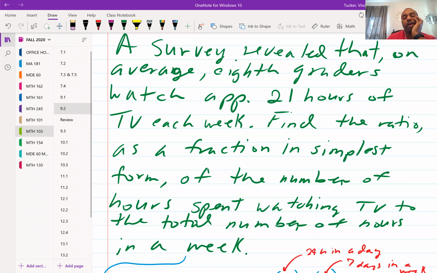So we want to find a ratio for the number of hours spent watching TV to the total number of hours in a week.